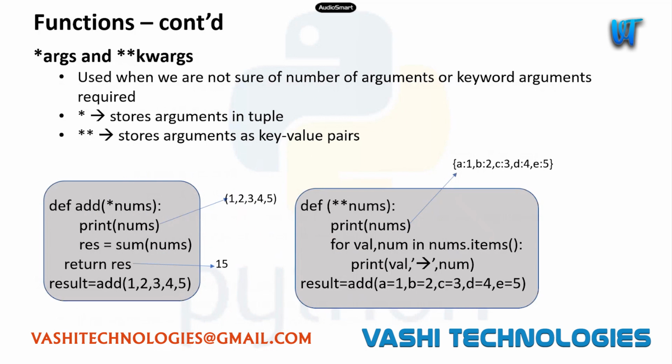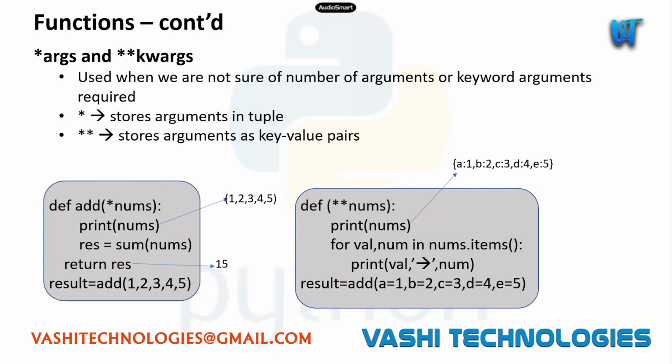And we have this args and kwargs. Args are nothing but arguments, and kwargs are nothing but keyword arguments. While defining this function, we can use this star and a double star. Star is for arguments and double star is for keyword arguments. If we don't know how many values we are passing to function while defining it, let's say I need one function which will give me the addition of any number of digits which I have passed, I can't expect how many the user will pass.